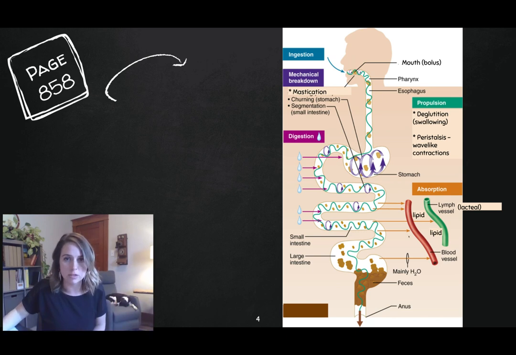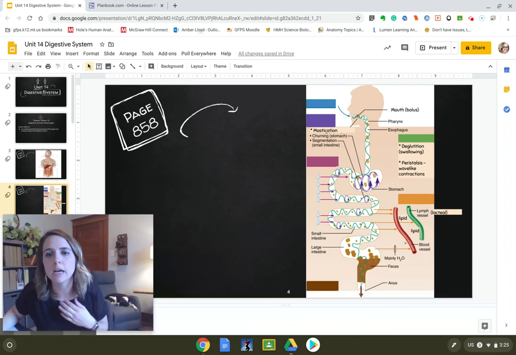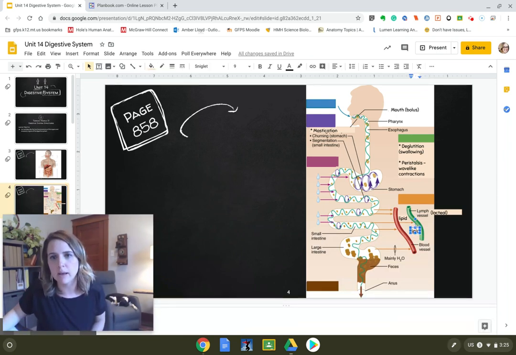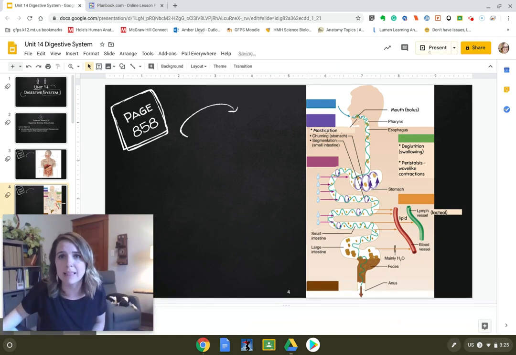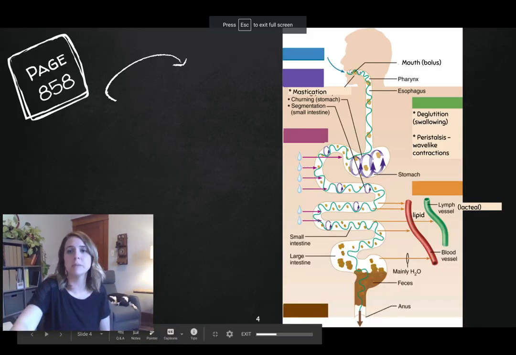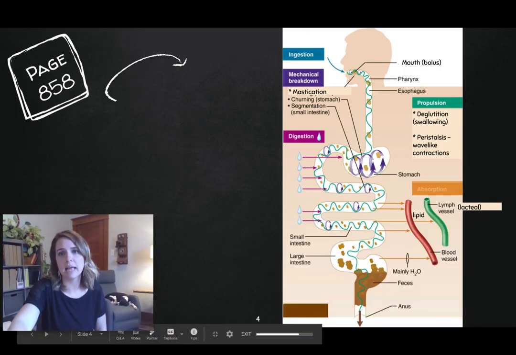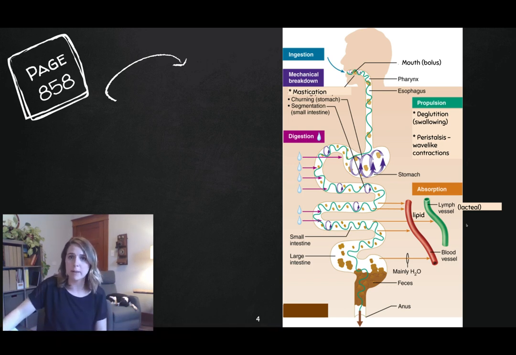Make sure you have those labeled. Oh, there shouldn't be two lipids on here. That's a typo. Let me fix that super fast. But it's going to get absorbed into my blood vessels, as well as some of it going into my lymph vessels. Those nutrients that get absorbed into my lymph are called lacteal, so please add that term right by your lymph vessel.